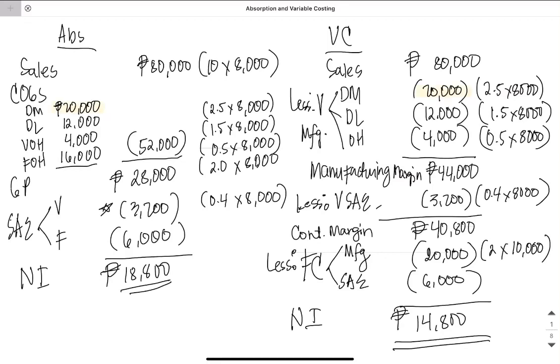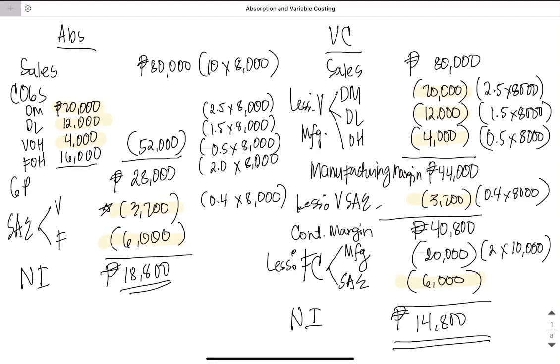Under the two methods, direct labor and variable overhead are also the same. For variable selling and admin expense, 3,200, it is also the same. So what else? We have the selling and admin expense, 6,000, same again.